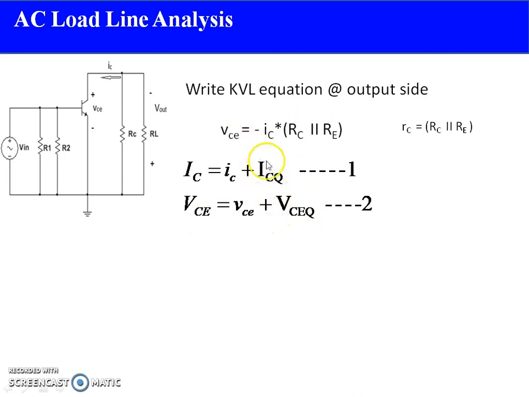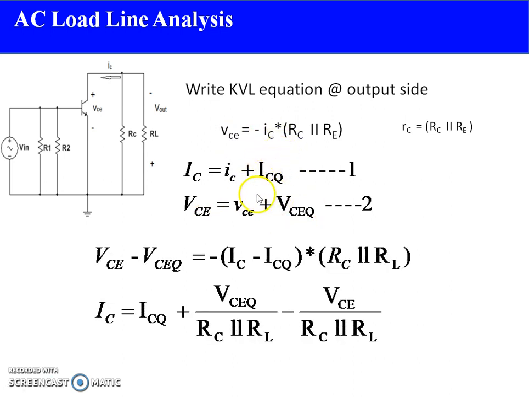So the AC VCE component is total VCE minus VCEQ, which is equal to minus small ic, replaced by capital IC minus ICQ, into rc parallel RL. Now that mistake has been corrected over here. Instead of RE, we need to consider RL over here. So this equation is already there in the correct way.